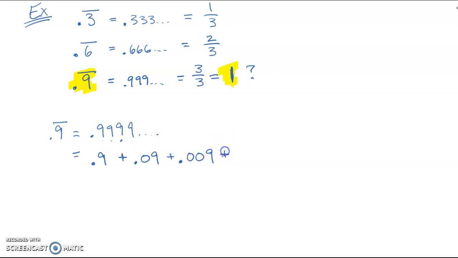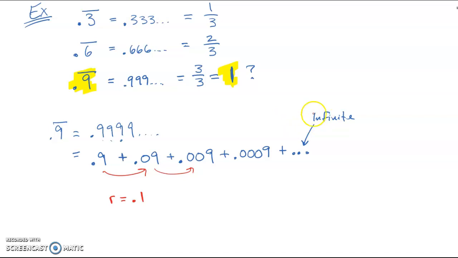And then the fourth one, 0.0009. And dot dot dot. And so this is an example of an infinite series, because of the dot dot dot, it goes on forever. And then why is this geometric? Well, look at this pattern from 0.9 to 0.09 to 0.009. That's an r value of 0.1, 1/10. The number's getting smaller by a tenth.